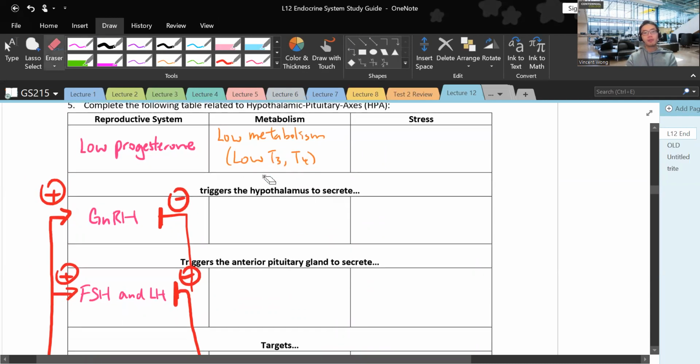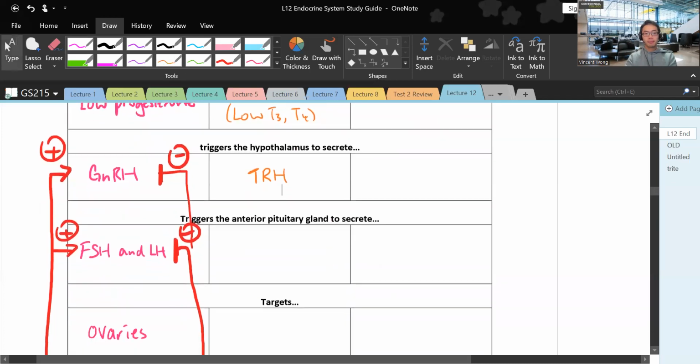Low T3 and T4 triggers the hypothalamus to secrete thyroid releasing hormone, or TRH. We know it's from the hypothalamus because it ends in RH, releasing hormone, right?